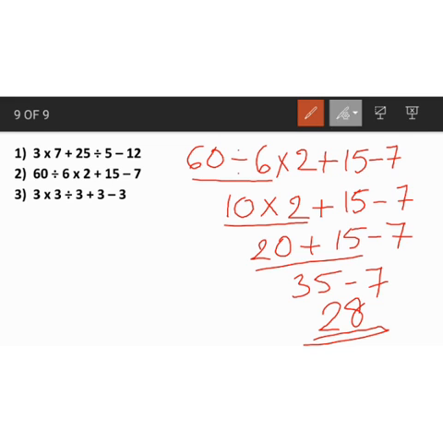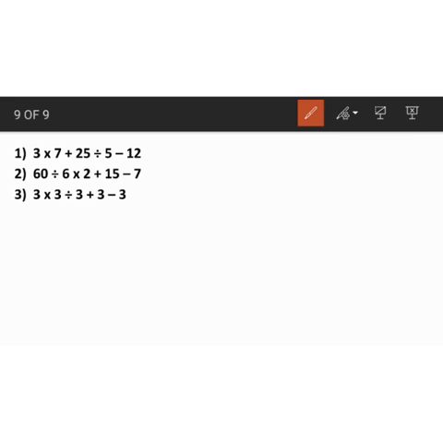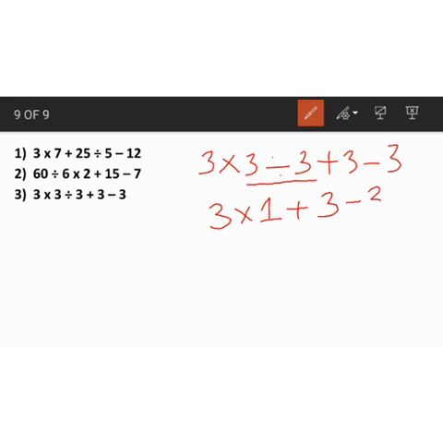Then what about the last one? It is 3 into 3 divided by 3 plus 3 minus 3. Here we have to do the division first. So this will become 3 into 3 divided by 3, it is 1 plus 3 minus 3.